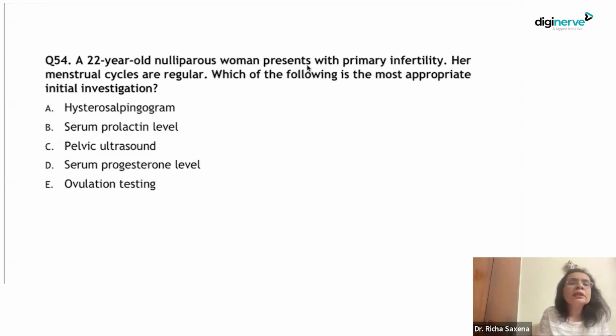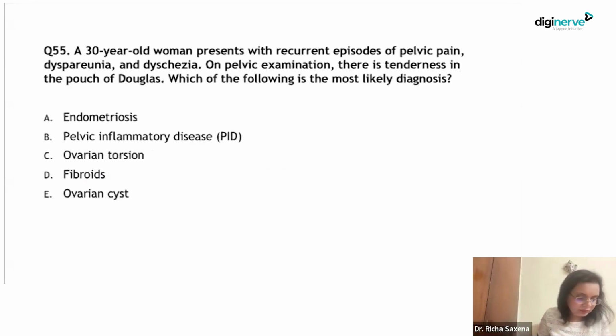You should do a hysterosalpingogram to check her tubes, because if the ovulation is occurring, probably the defect is in the tubes. Again, just note they haven't mentioned anything about the semen analysis in this case. If they don't mention something, and it's not in the options also, that means it's probably normal.